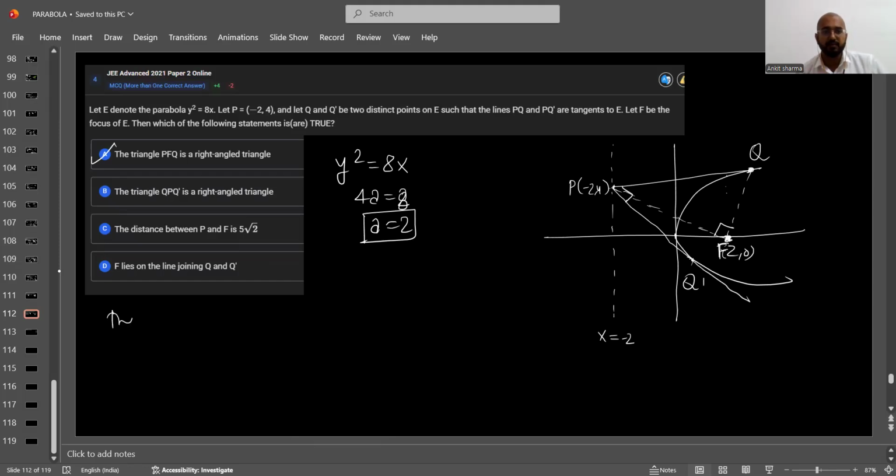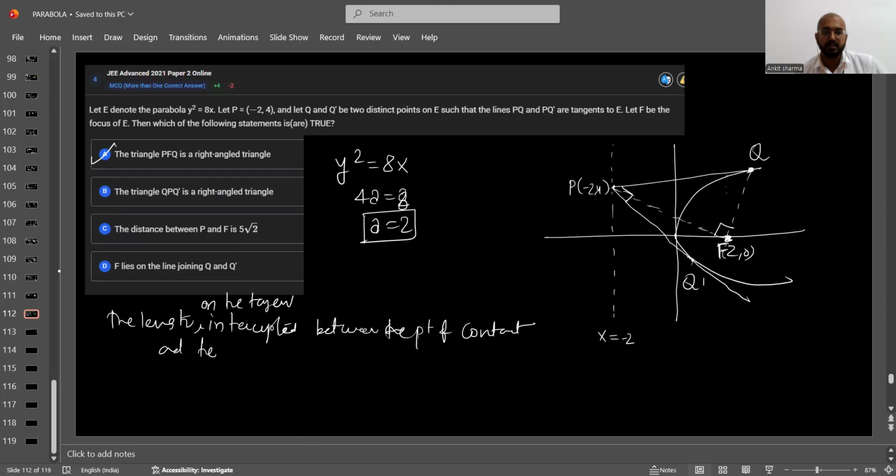What? The length intercepted between the point of contact and the directrix. It's basically the length intercepted, so the length will be on the tangent: the length on the tangent intercepted between the point of contact and the directrix.